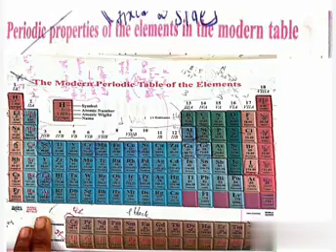But in the group, all the elements have a similar outermost configuration. So that's why their chemical and physical properties are similar. So that one we will understand by observing some properties.